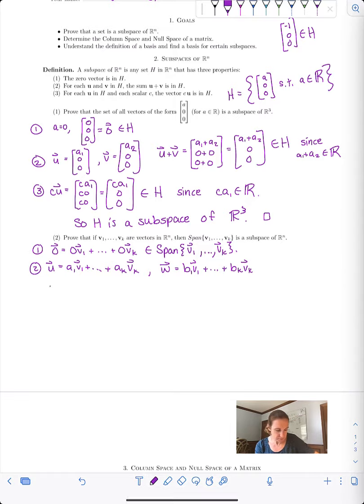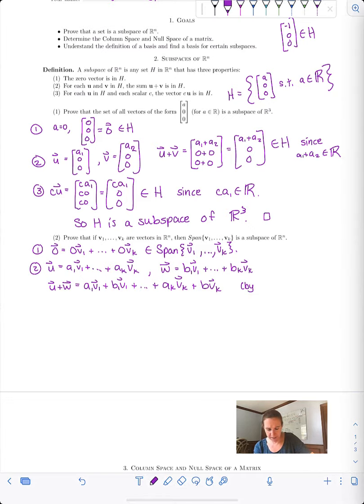And then, when we add them together, we can use some of our properties of vector addition to go ahead and group our vectors that we're taking the span of together.